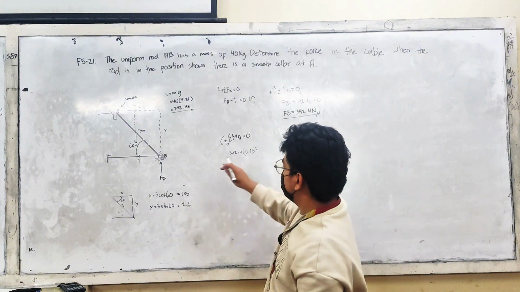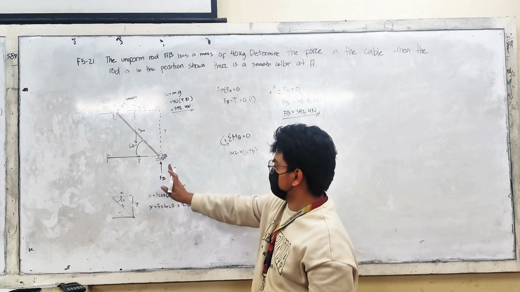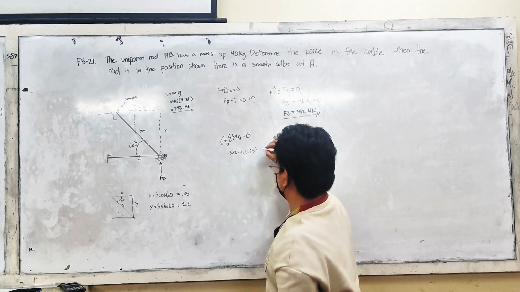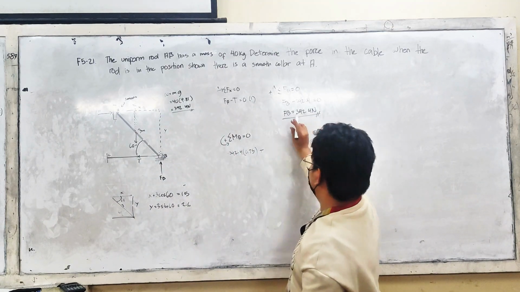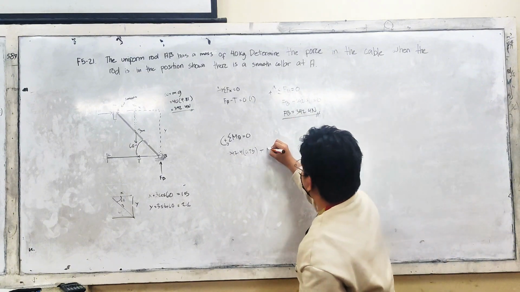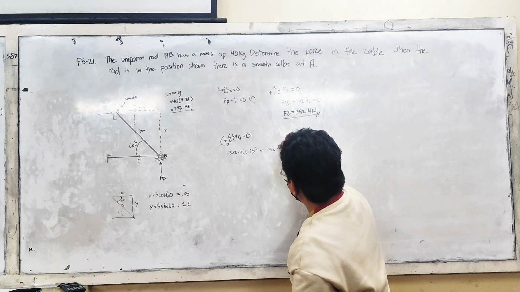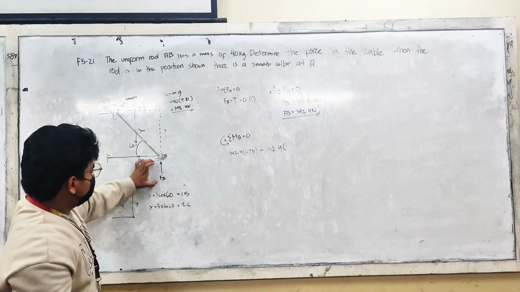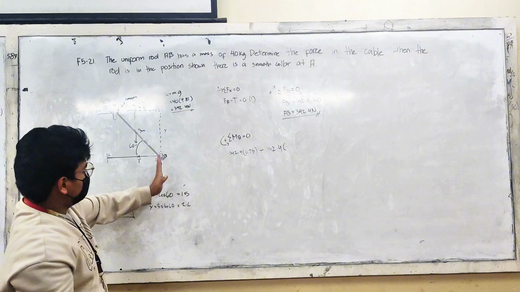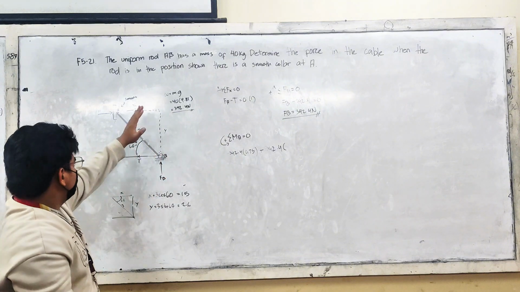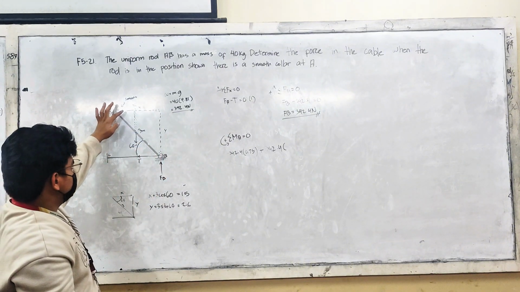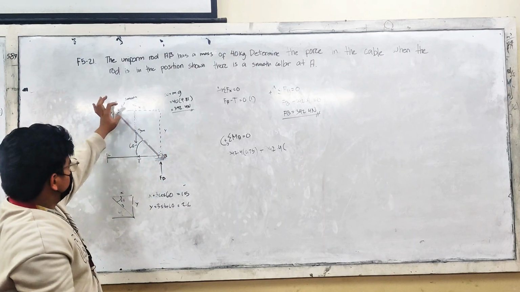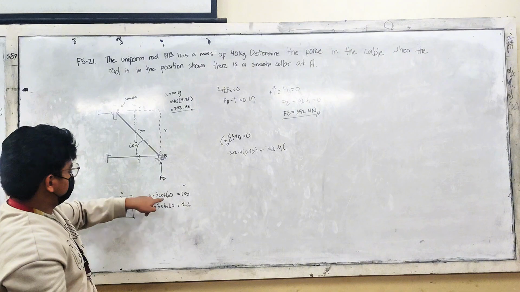Now we have FB, which is going counterclockwise, so this will become positive FB, which is equal to 392.4, and its distance, because the force is going vertically, the distance is perpendicular to the force, which is x, 1.5.